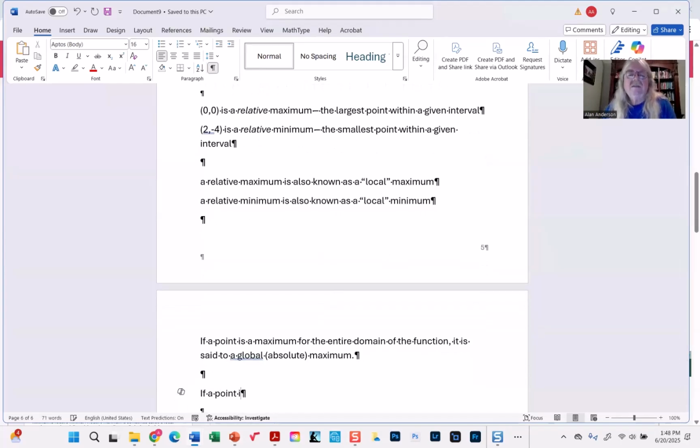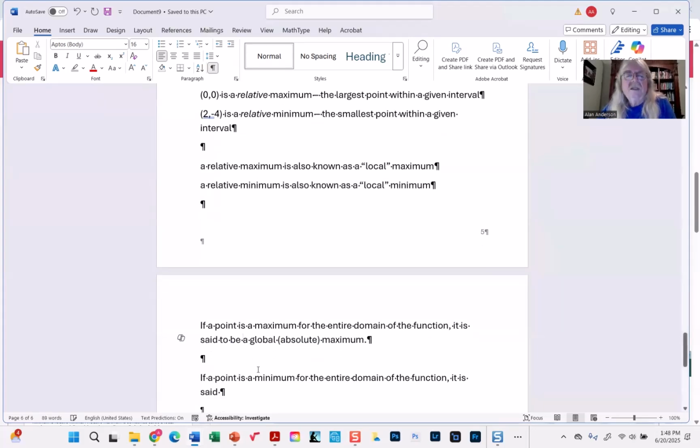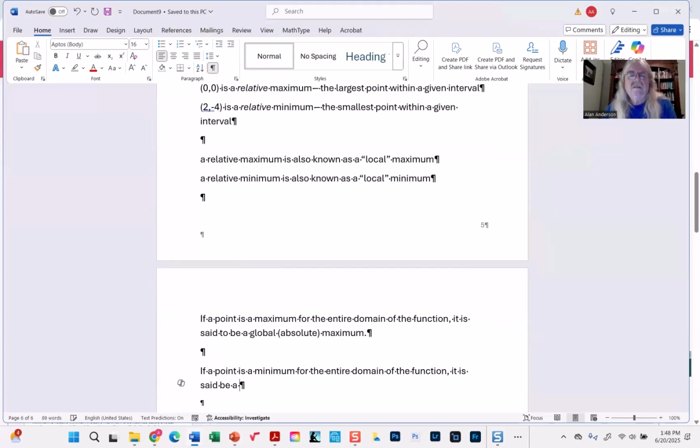If a point is a minimum for the entire domain of the function, it is said to be, as you can probably guess, a global or absolute minimum.